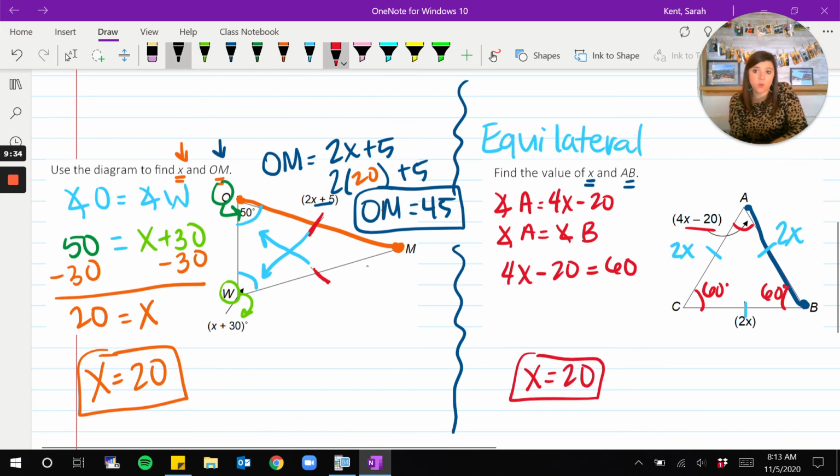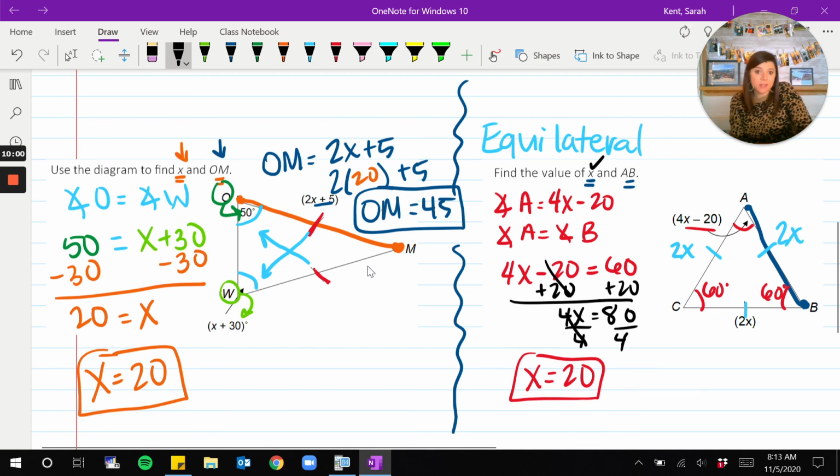And again, if you want to work it out, you could add 20 to both sides. So these 20s cancel. I would get 4x equals 80, because 60 plus 20 is 80. And then I can divide both sides by 4 to get that x equals 20.